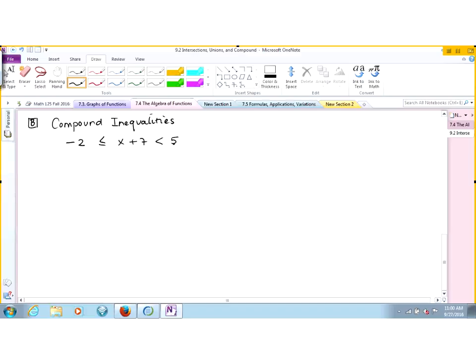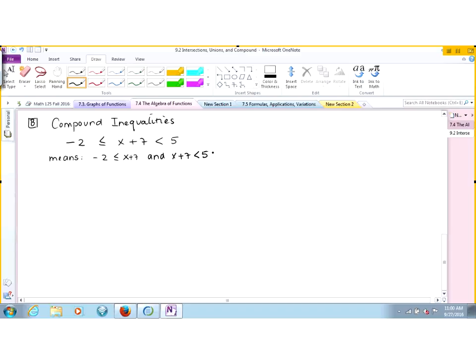Now, this is a compound inequality. What does it mean? Negative 2 is less than or equal to x plus 7, and x plus 7 is less than 5.